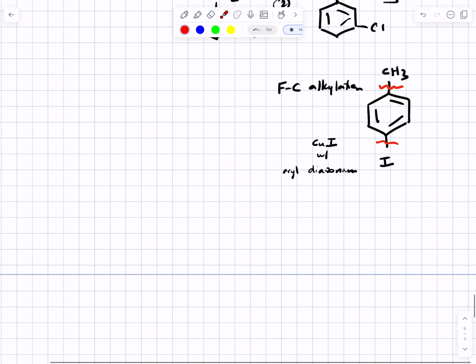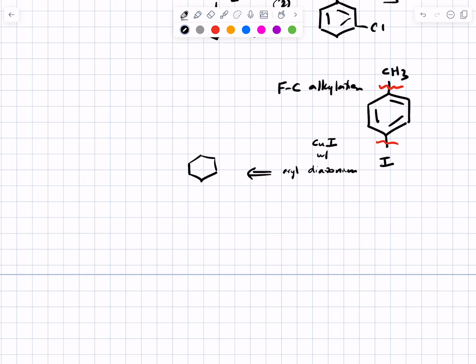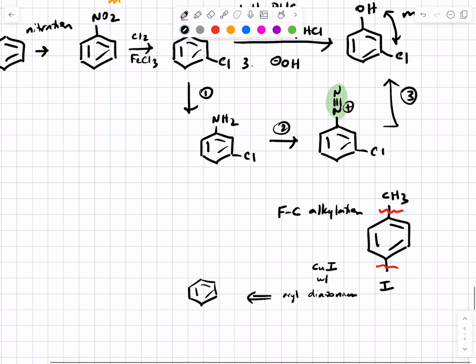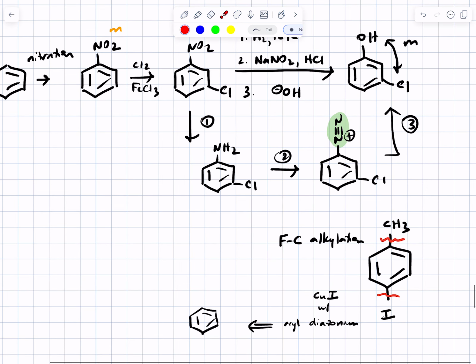Let's just think about what order we should do things in. For some syntheses it matters, for others it might not. If we're going to use this strategy, this iodide used to be the diazonium group. What was it before then? Before diazonium, it's aniline. Before aniline, it's nitro.